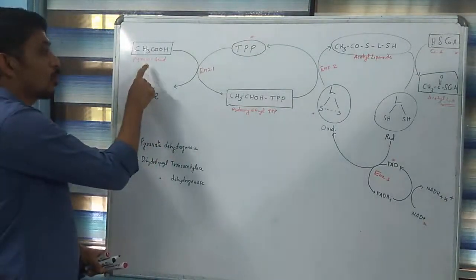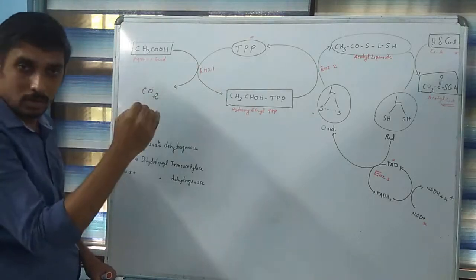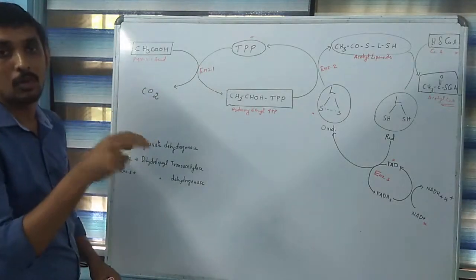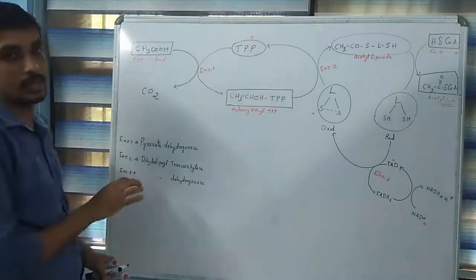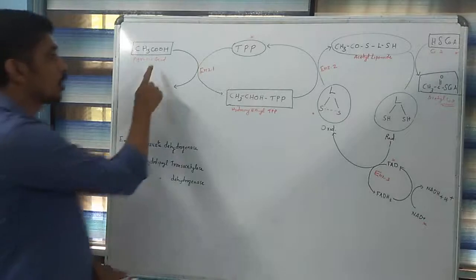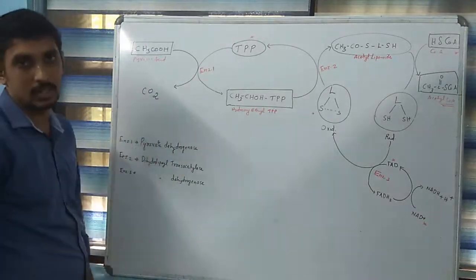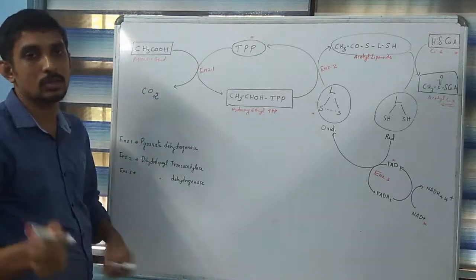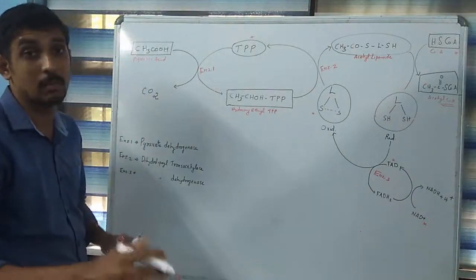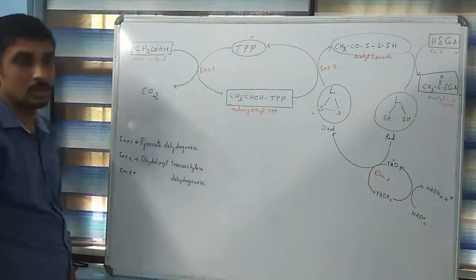First of all, this is one molecule of pyruvic acid. We know that glycolysis of one molecule of glucose gives 2 pyruvic acid, but here I only represent one molecule. First, pyruvic acid undergoes oxidative decarboxylation, meaning removal of one carbon dioxide. This is CO2.